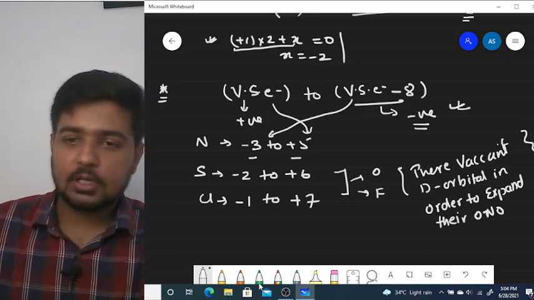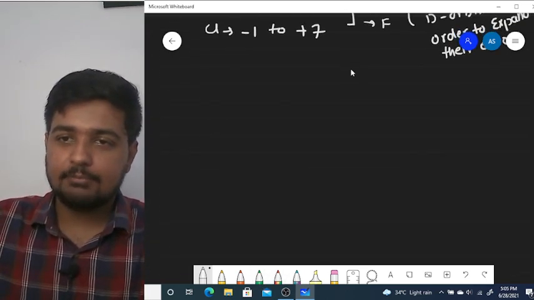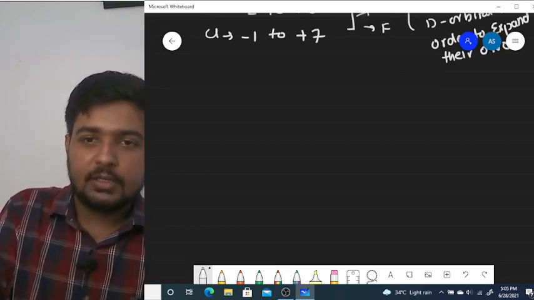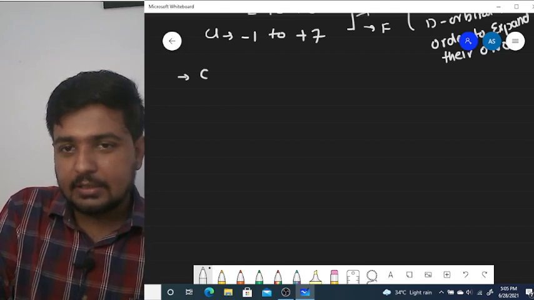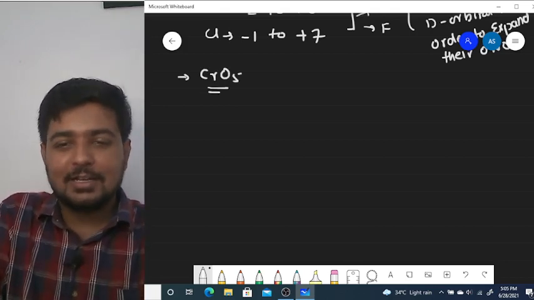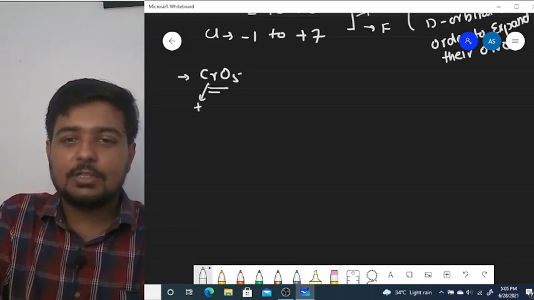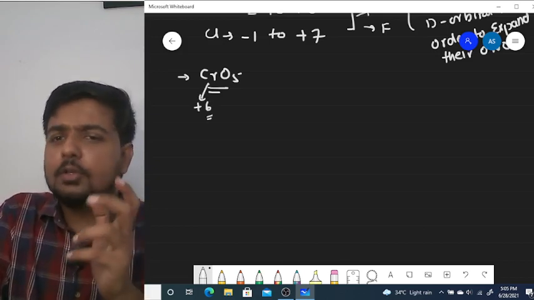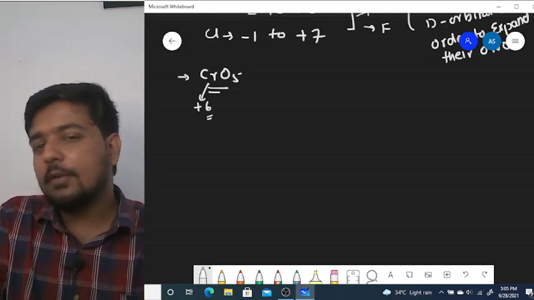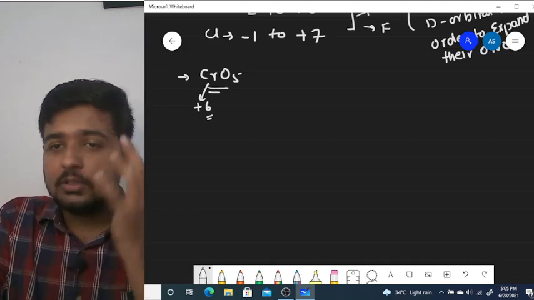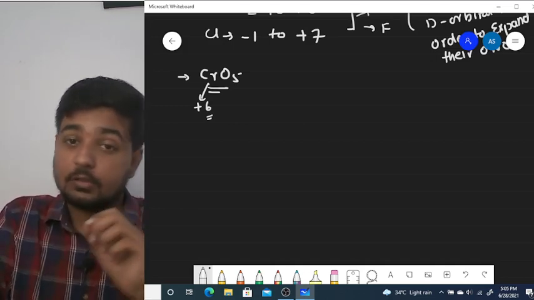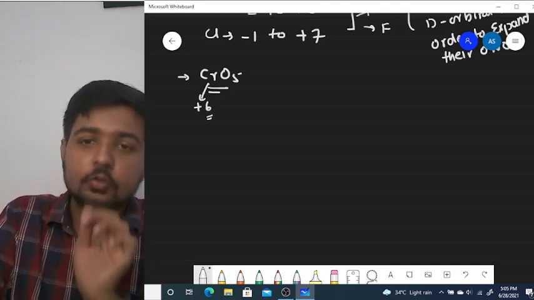Take an example so that you can understand where to think about peroxide. For example, take CrO5, which you all have learned, where the chromium will have an oxidation number of +6. But if you don't know anything and you just have this chemical formula and you have to think about the structure, the nature of the oxygen on the basis of its oxidation number, then how will you do that?